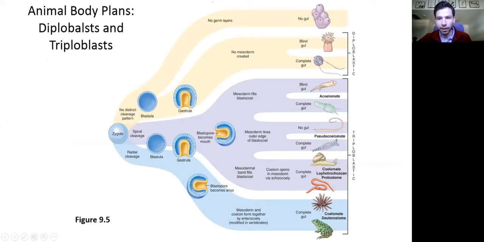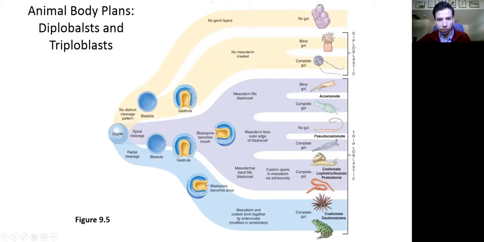The diploblastic animals, like cnidarians, develop right out of the gastrula with no mesoderm. But most other animals, or all other animals, develop beyond the gastrula. They form some mesoderm, and so that mesoderm is the third germ layer, which makes those animals triploblastic.